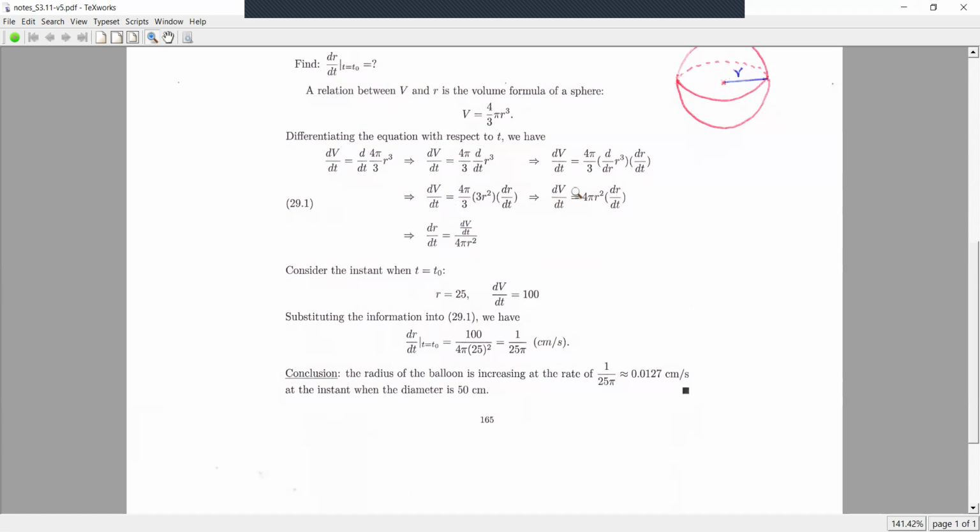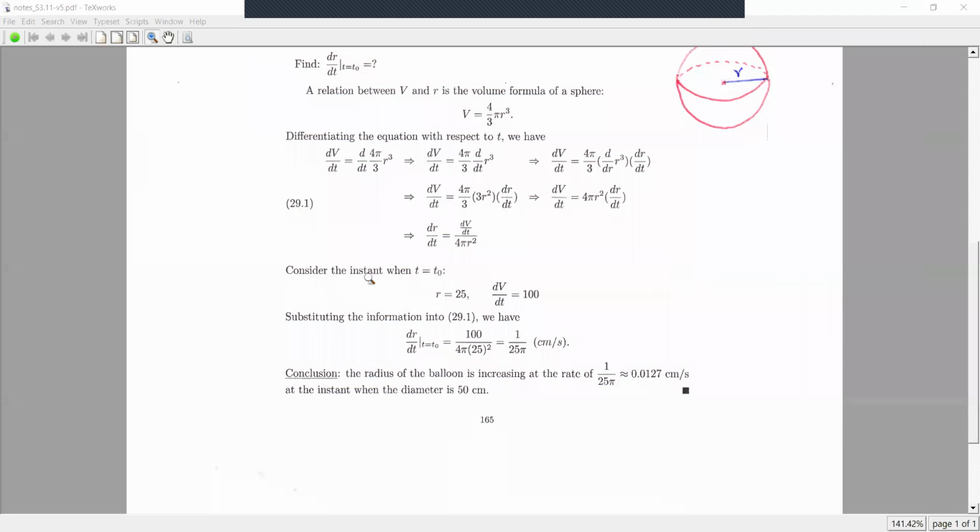Then I have this equation. Now, solve this equation for dr/dt by moving 4 pi r squared to the left side. Then I have this equation. This is the derivative of r with respect to the time t.